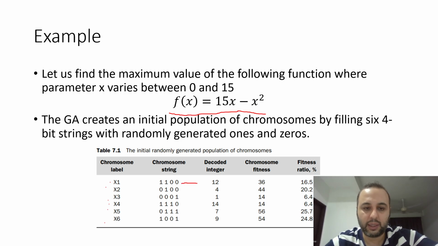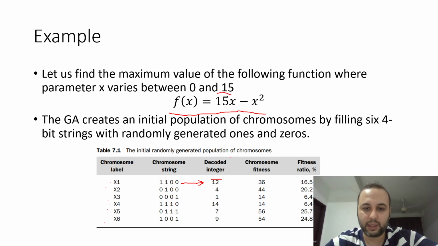After being decoded, as we discussed before, from base 2 to base 10, we have 12, 4, 1, 14, 7 and 9. After decoding, this will be the decoding of the chromosome. After that, what we have to do is substitute these decoded chromosomes inside our fitness function.